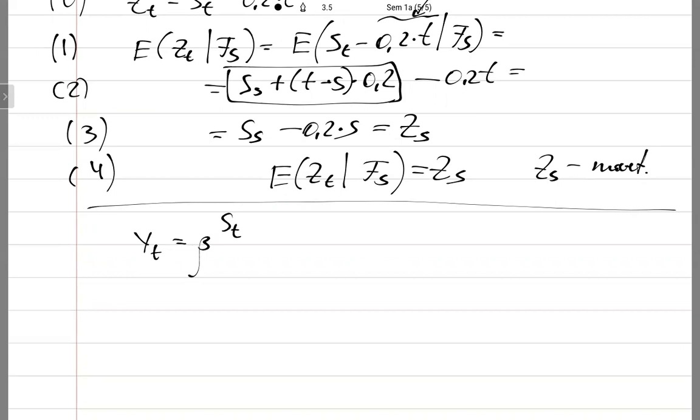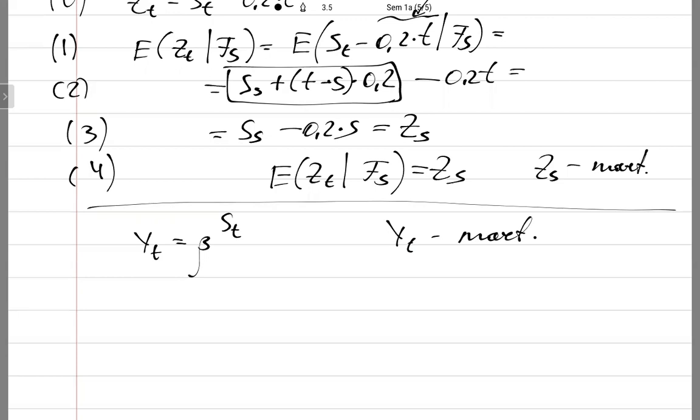We use the same trick. First, there are two betas that make Y_t a martingale. One beta is obvious. The second one is less obvious.